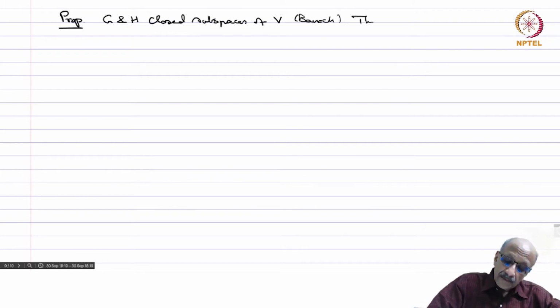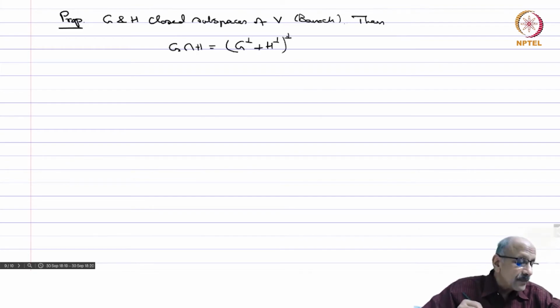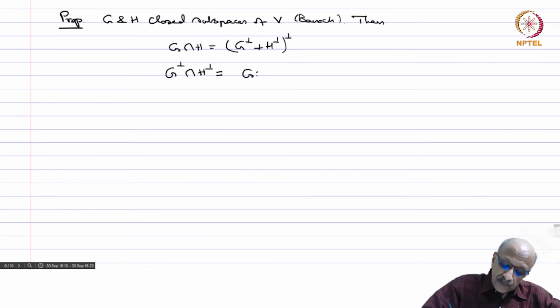Then G intersection H perp is G perp plus H perp, and G perp intersection H perp equals G plus H perp.